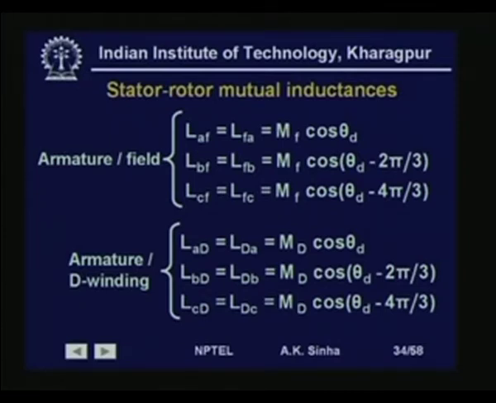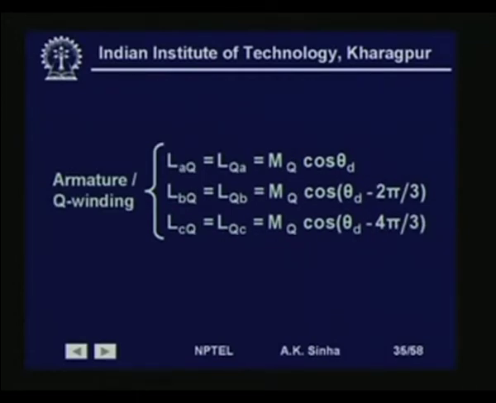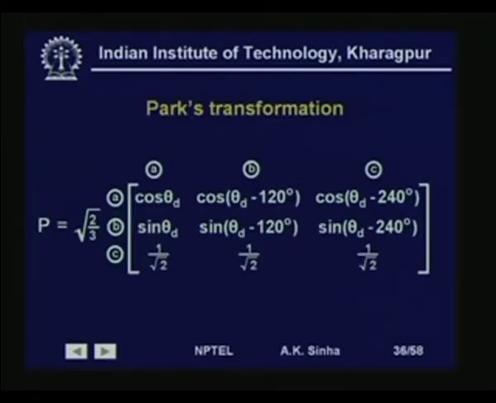In order to make this simpler, we use a transformation called Park's transformation. The idea of this transformation is to transform the stationary three phase winding of the stator into three windings, one which is in phase with the rotor, another which is in quadrature with the rotor, and the third one which is along the axis of the rotor.